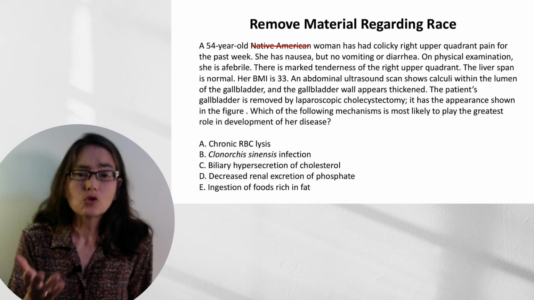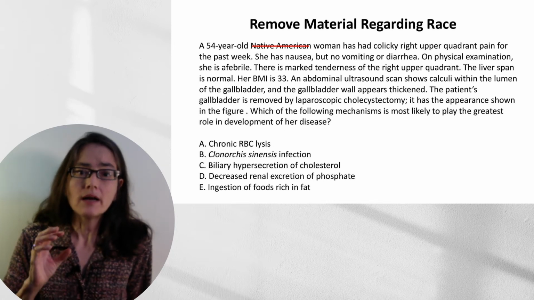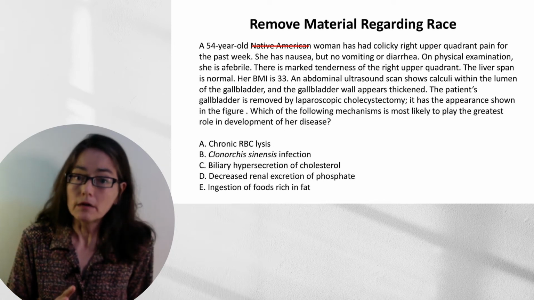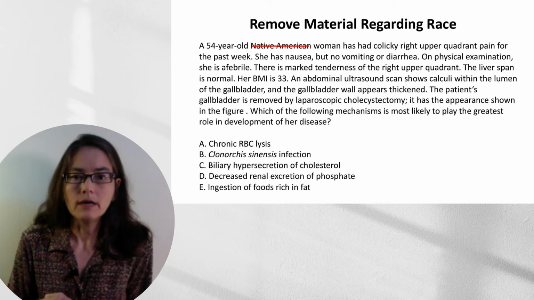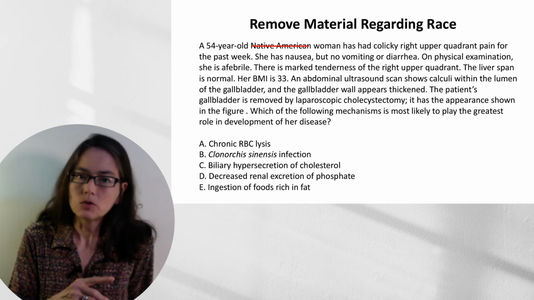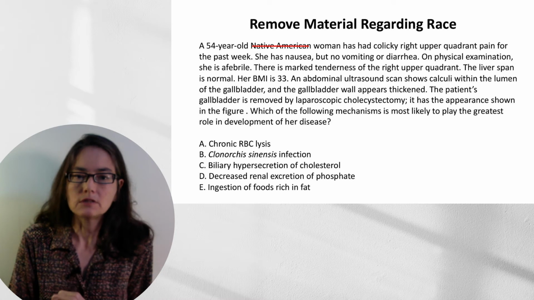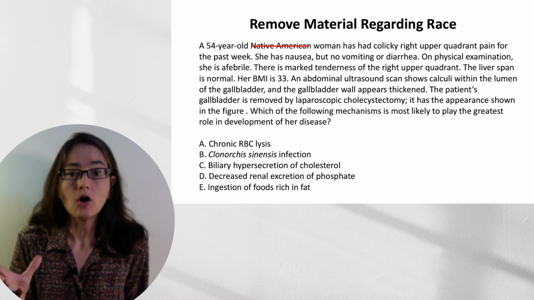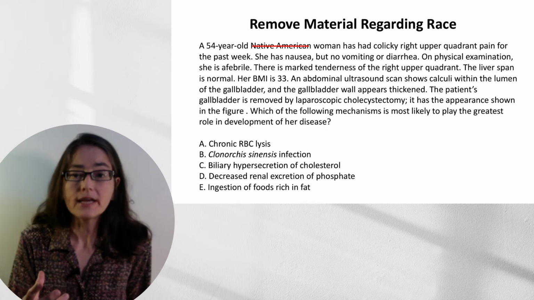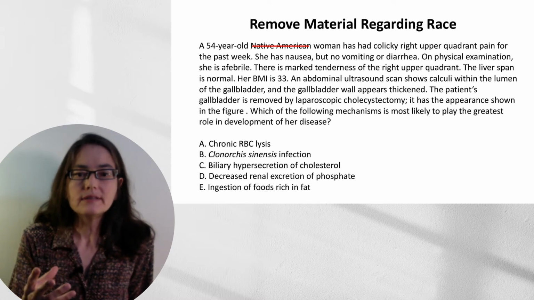Furthermore, we've put together this great vignette. I mean, look at this. We've got right upper quadrant pain for a week, no vomiting or diarrhea, okay, marked tenderness, liver's normal. Oh, we see that she's got an increased BMI. We have calculi within the lumen of the gallbladder. It appears thickened, right?